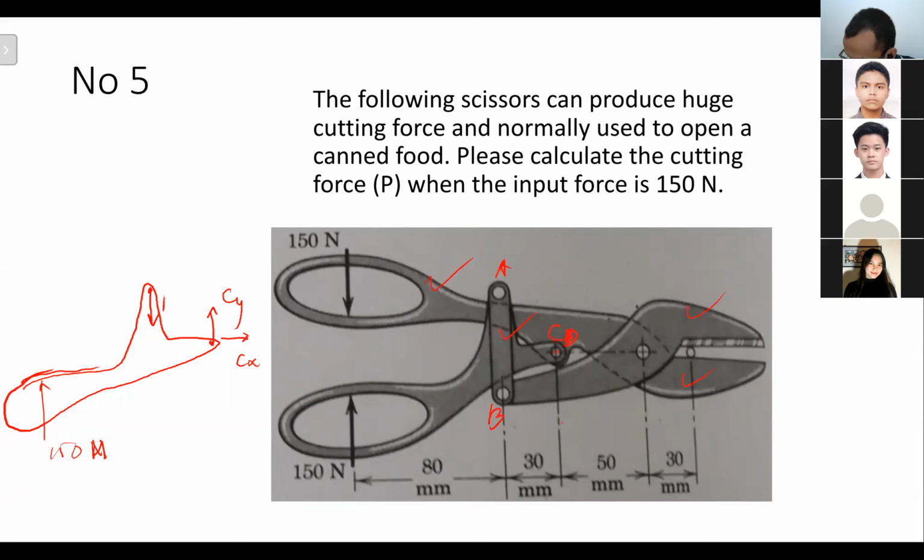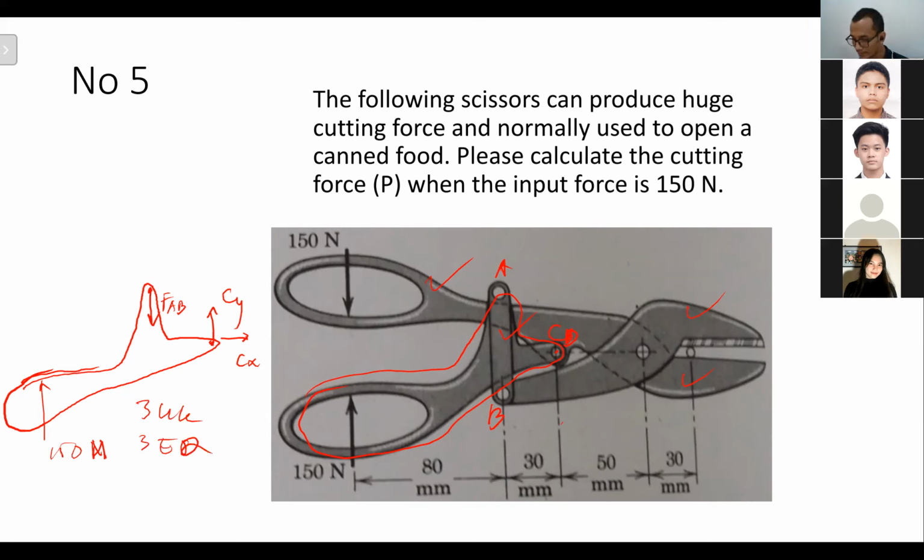Then we have FAB like that. Is FAB tension or compression if the direction is like that? Tension. This one is tension. So by solving this, we have FAB, Cx, Cy, three unknowns and three equations. So we can solve for those three.